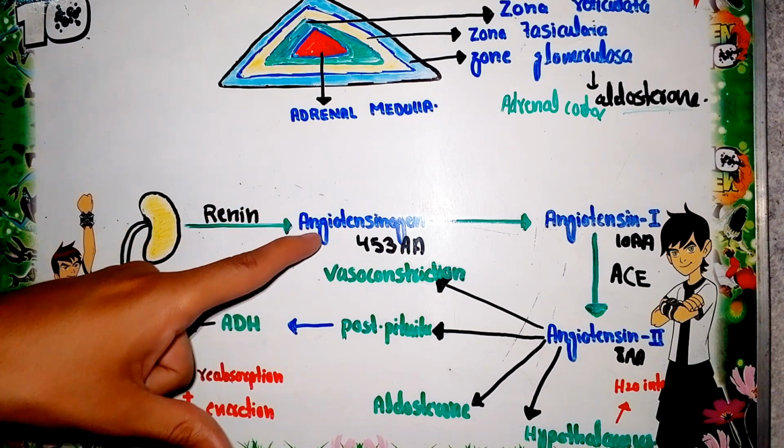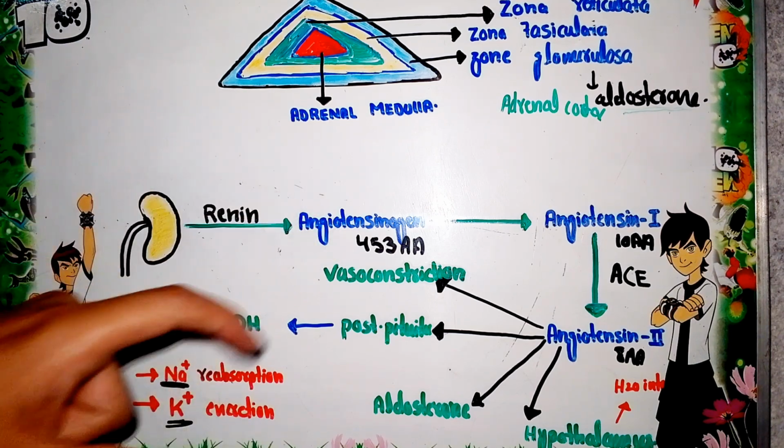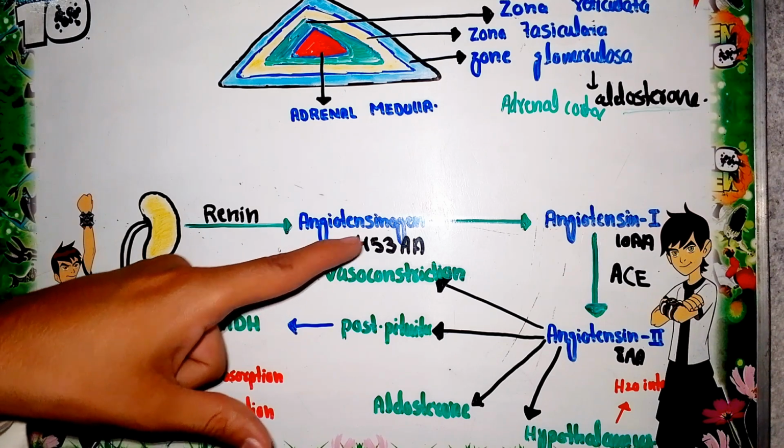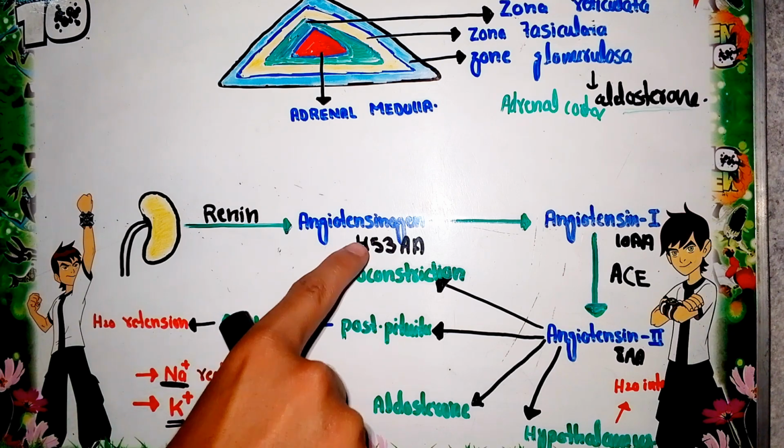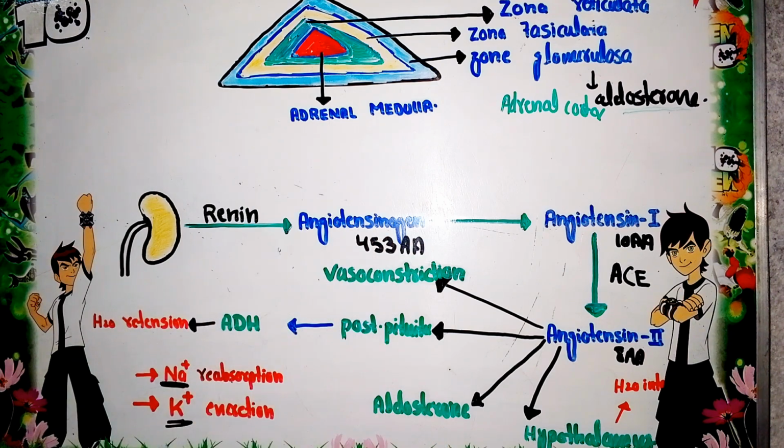These are proteins found in the blood, secreted by the liver, and composed of 553 amino acids.